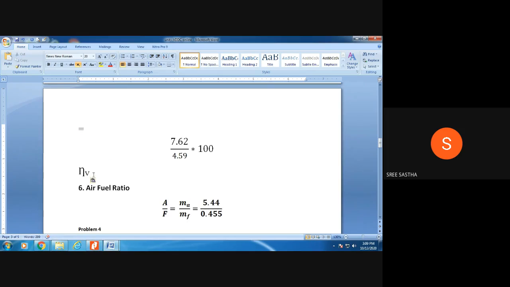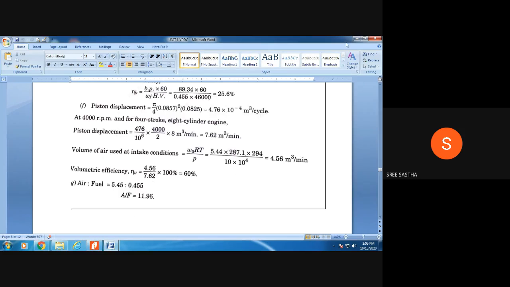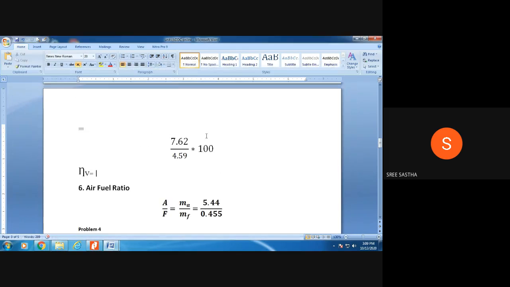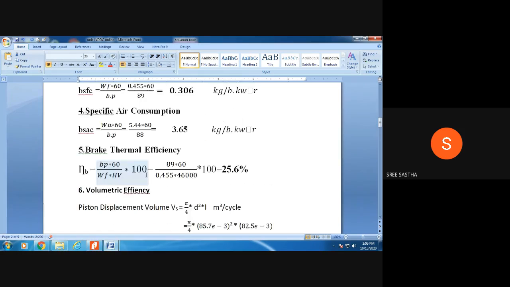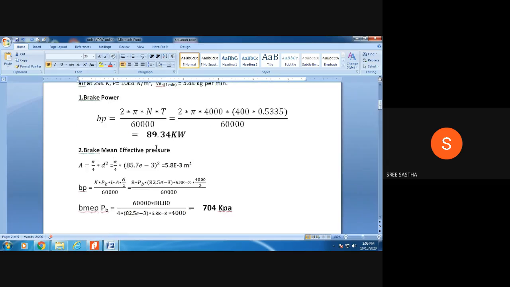How much? 60. You are getting or not? Check. This is one answer. My volumetric efficiency is 60%. Okay. So see, first one brake power.